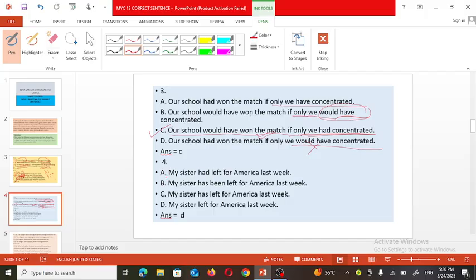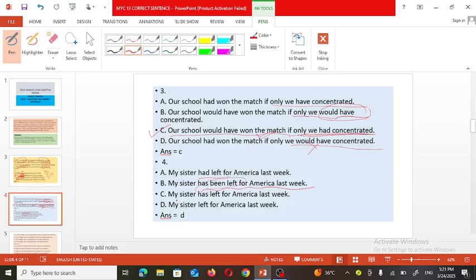Now see the next one: my sister had left for America last week. Left for America, correct? But here, my sister had left, so the sentence is in the past perfect tense. Here, my sister has been left for America last week. If you are able to see the auxiliary use over here, it is not correct.